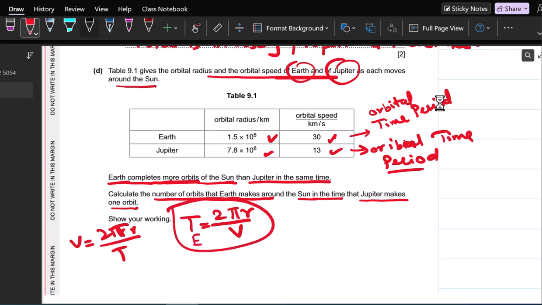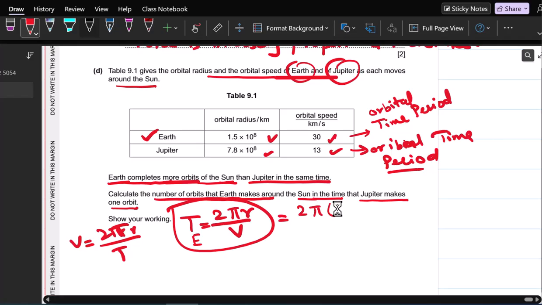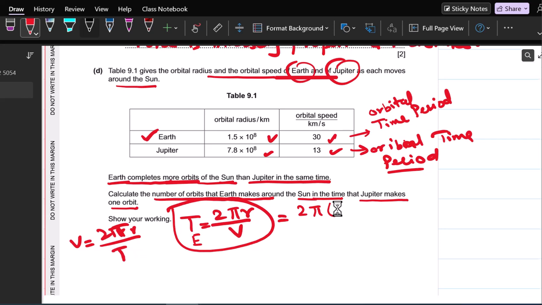I'm first of all finding for Earth. So we will first find the orbital period of Earth. So it will be 2 pi, radius is 1.5 times 10 power 8, divided by 30.